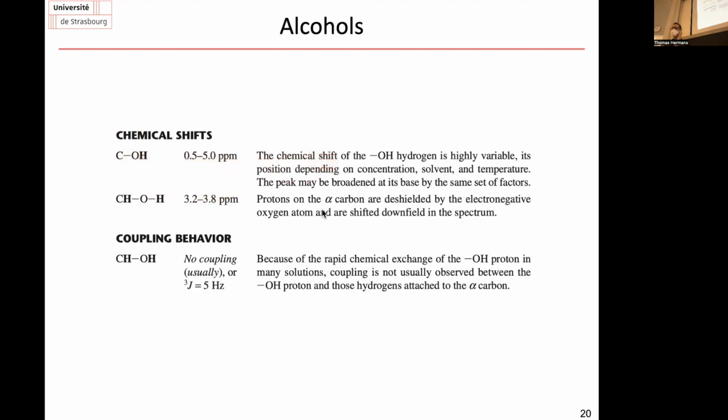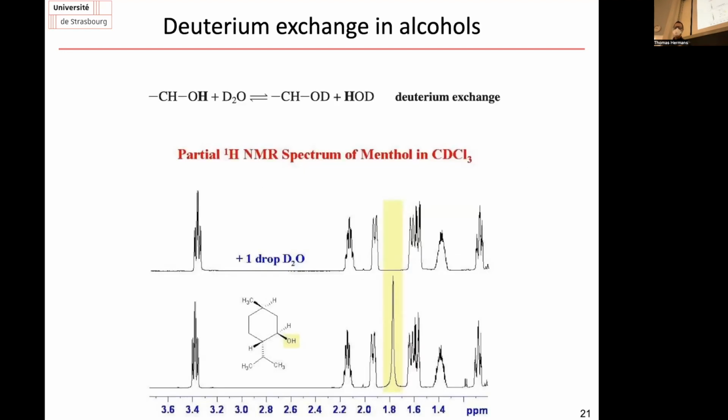Depending on if your alcohol can hydrogen bond, or it's in a solvent that is more acidic or more basic, the peak will actually shift quite a bit, right? Because there's no coupling, usually it gives a singlet. It can couple in select cases, but usually not.